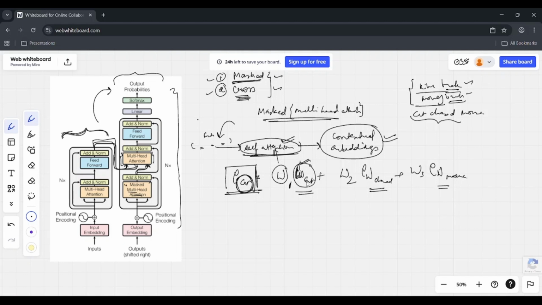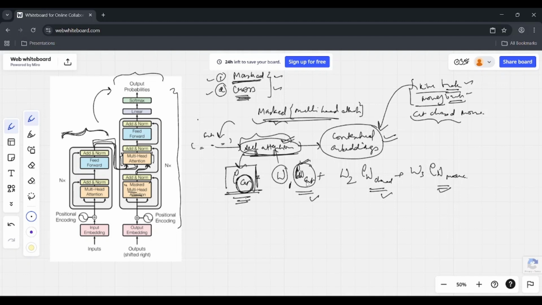And that concept is captured by our contextual embeddings, and that is where self-attention comes in. We covered everything in detail in that video, so I'm not repeating it now, but just to give you an idea of what masked multi-head attention is: from your self-attention block, whatever embeddings you get, those embeddings are dependent on the word embeddings of each of the words that came in the sentence, right?